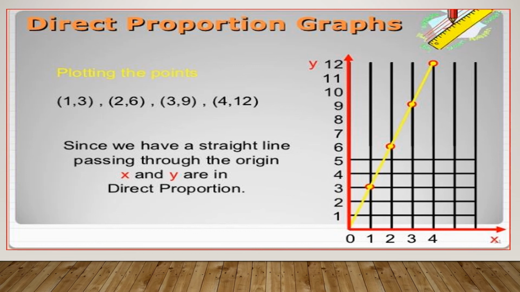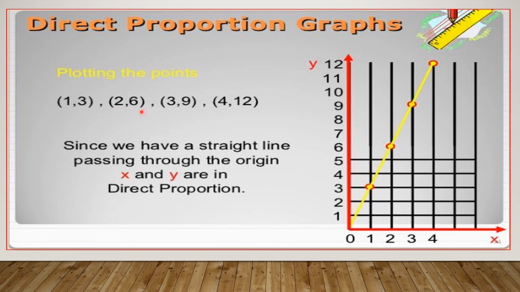As we have made the ordered pairs first, now is the time to plot them on the Cartesian plane. The first ordered pair is for the value of x, which is 1. The value of y is 3. Let's plot it. For 1, we are going to move 3 steps upward like this. We are going to plot a point over here.